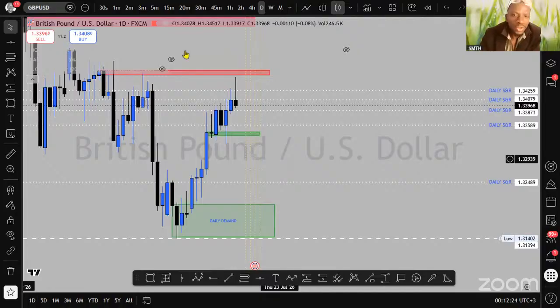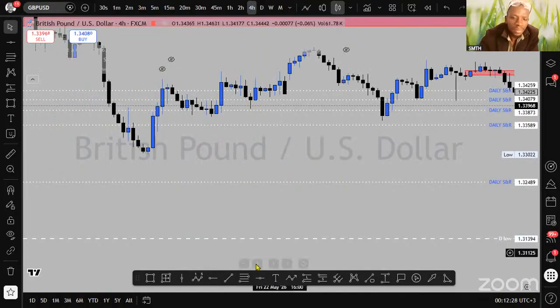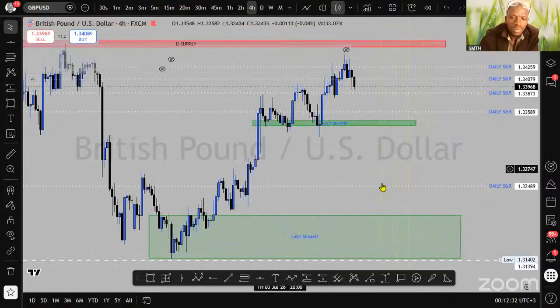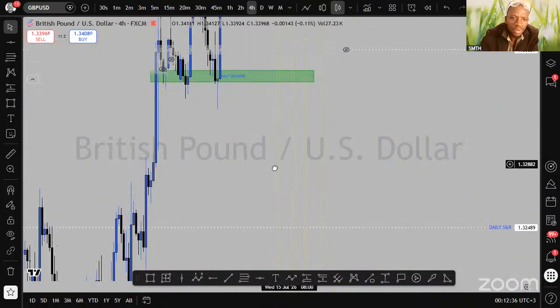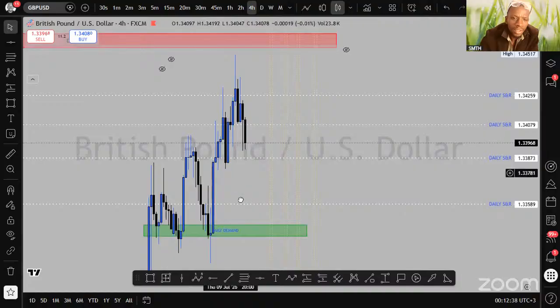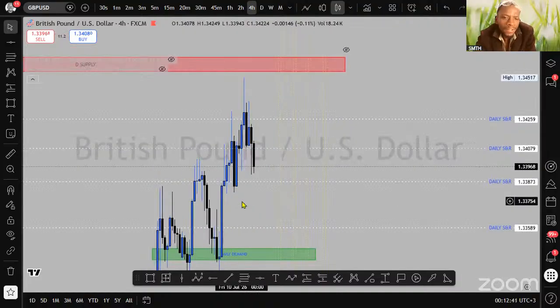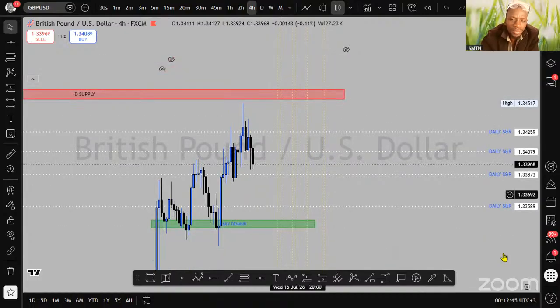Now I go to the 4 hours where I'm going now to break things simpler. So 4-hour current information is where we normally always want. Okay. So what happens to my support and resistance line now?